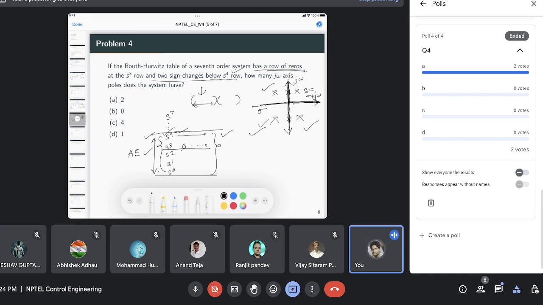Okay, so after this fourth row, whatever comes, this is for what? This is for the whole seventh order polynomial you are analyzing, but after this S4, whatever comes is also for this auxiliary polynomial, because you have a fourth order auxiliary polynomial. This is S4, some coefficients are there, and you have S3, because this system is seventh order, right? So for this polynomial, this analysis holds, right? Is it clear?